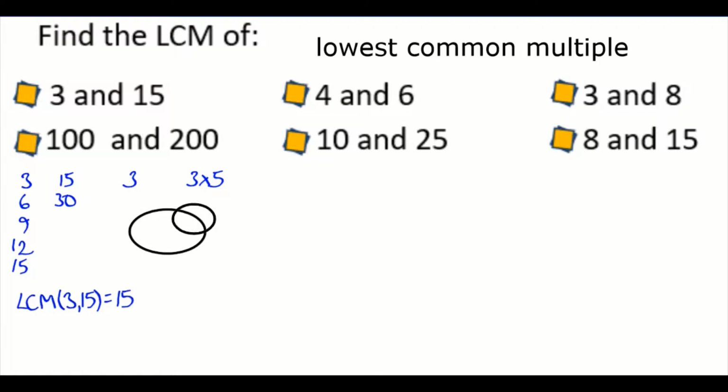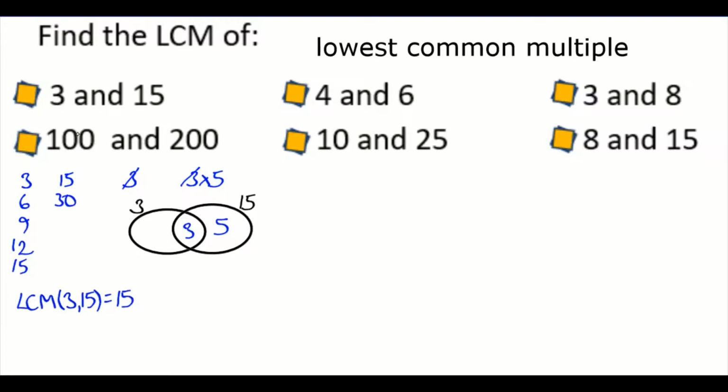So if we say we have 3 in one of these rings and 15 in the other, so 3 and 3 times 5, well they've both got a 3 in them, so we put that in the intersection because it's in 3 and it's in 15. Then the 3 is finished, there's nothing else to go there. The 15, there's this 5 left over. Now whatever numbers you get inside the rings all together, if you multiply those together, so in this case 3 times 5, that will give you the lowest common multiple.